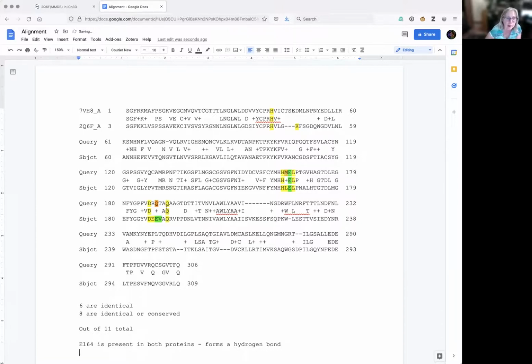I see that glutamic acid 188 is only present in one, but it's possible that the glutamine might be able to form a hydrogen bond.